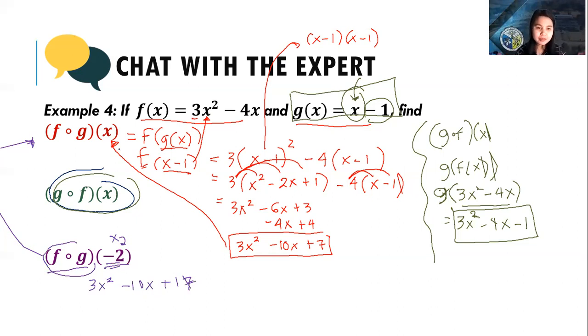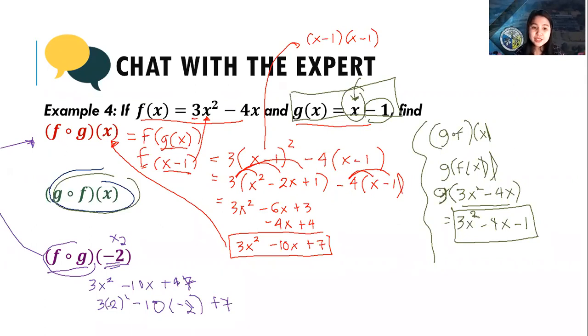Now, we'll have 3 times -2 squared minus 10 times -2 plus 7.